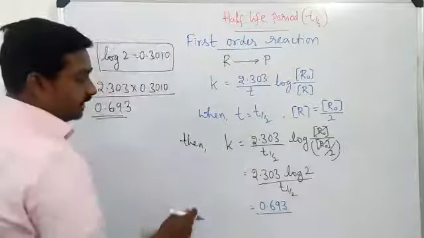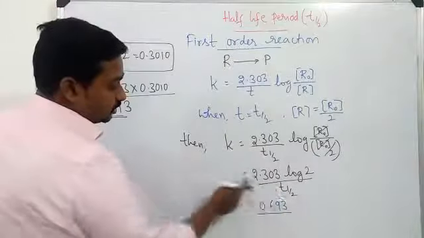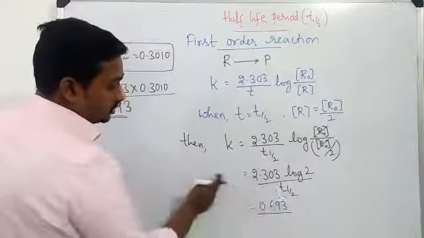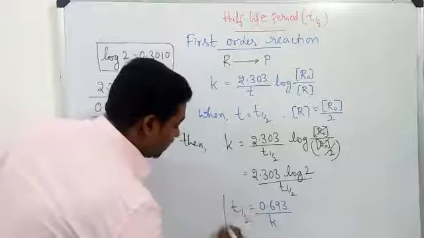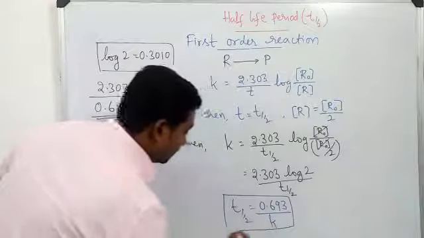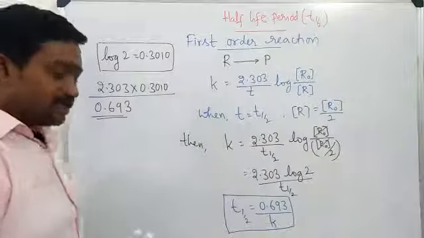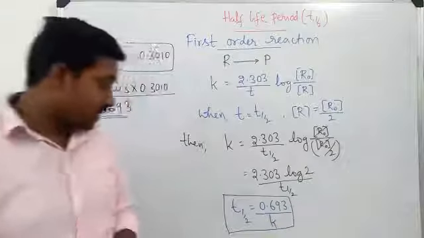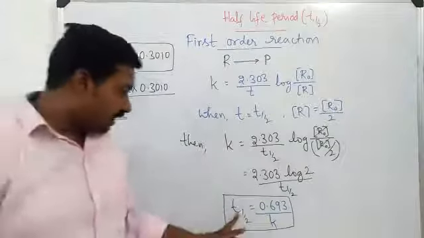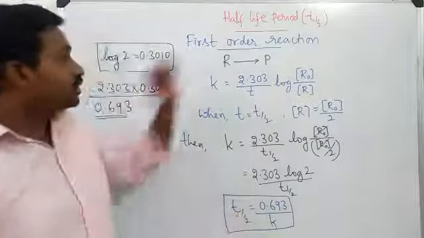divided by k, as I cross multiply t half to LHS and k to RHS, and this is given as t half. This is the expression for the half-life of a first order reaction. Here you can clearly understand that the half-life of a first order reaction is not at all dependent upon the initial concentration of reactant.